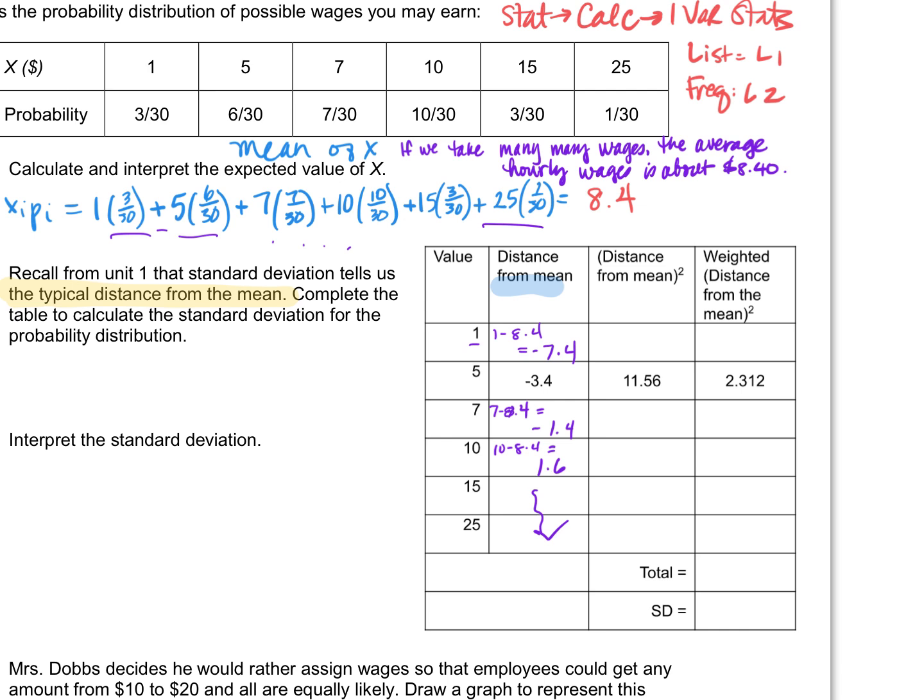Then you would have to take this distance and square it. Negative 7.4 squared. Give me 54.76.